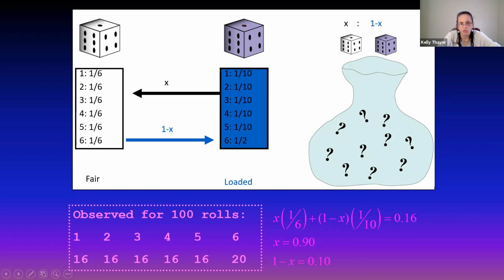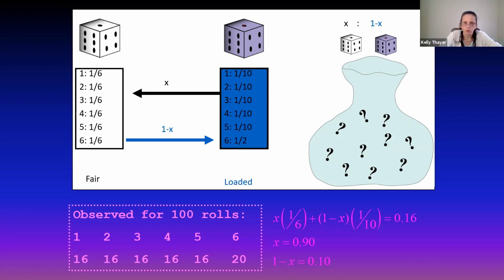Then we can solve for 1 minus x, which works out to be 0.10. That's terrific, because that means we can compute this numerically. Being able to numerically solve something means you could use some algebra to solve the problem.